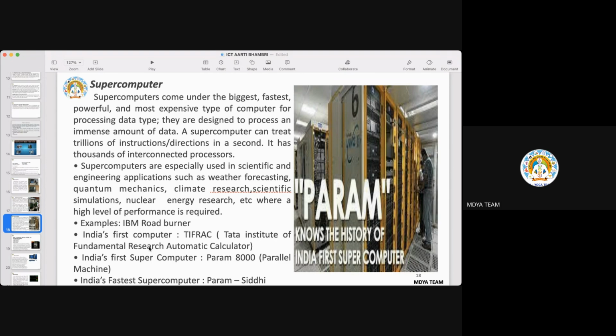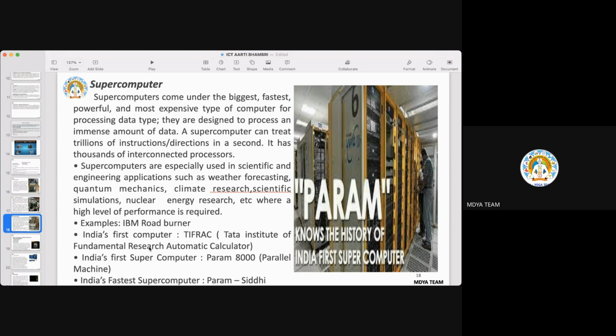The first computer is TIFRAC, and the first supercomputer is Param 8000. Param means parallel machine: PARA for parallel and M for machine. Parallel Machine 8000. And the fastest supercomputer is Param Siddhi.